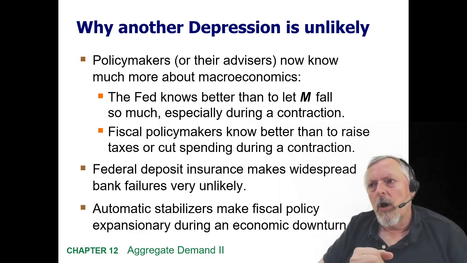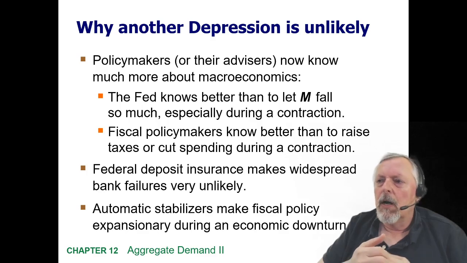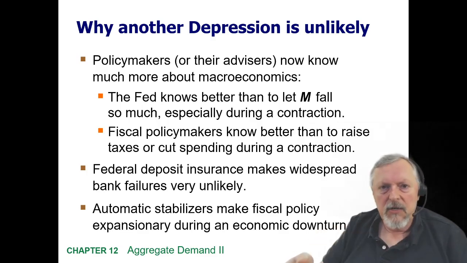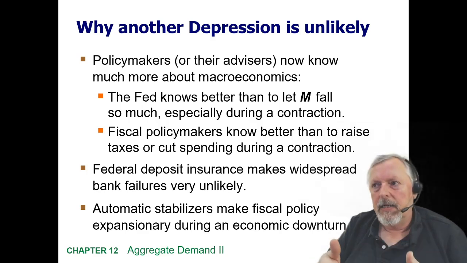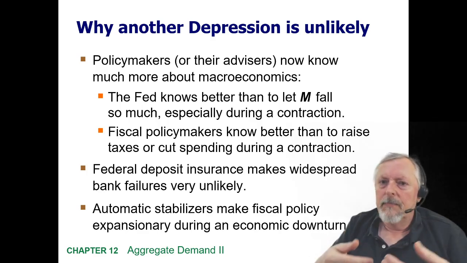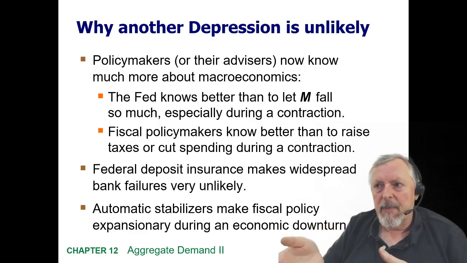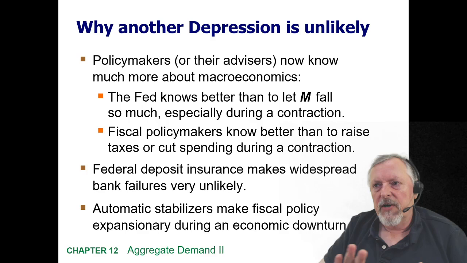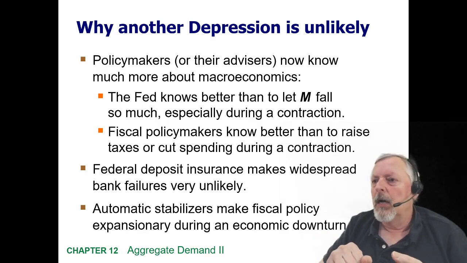There are also what are called automatic stabilizers in fiscal policy. These are things that, without passing any new law, automatically kick in taxes or spending that push the economy in the direction opposite of the economic shock. An example, income taxes.